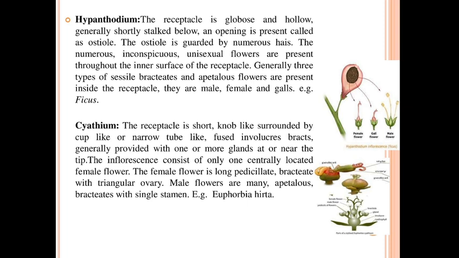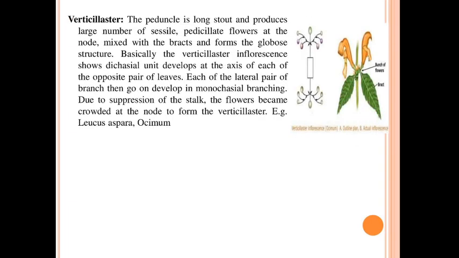The female flower is pedicellate, long, bracteate, and the male flowers are apetalous, represented only by a stamen, so you may call them naked flowers. This cyathium inflorescence is the typical character of family Euphorbiaceae. So in all Euphorbia, you will find the cyathium type of inflorescence.